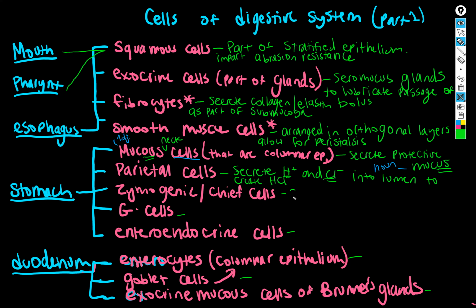Zymogenic or chief cells create and secrete pepsinogen, which is a zymogen, and that pepsinogen is turned into pepsin when it hits the acid created by the parietal cells. These guys secrete gastrin, and that's going to be, of course, for chemical communication between the duodenum and the stomach and regulating gastric activity.